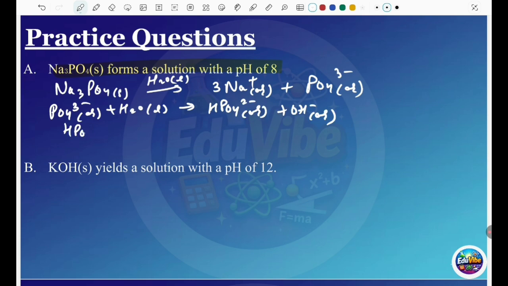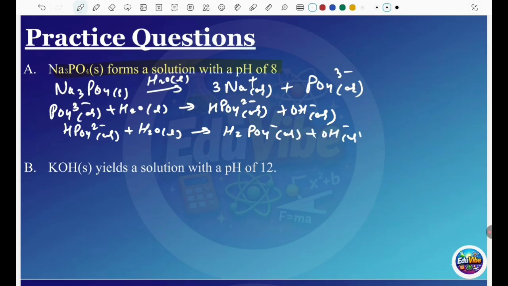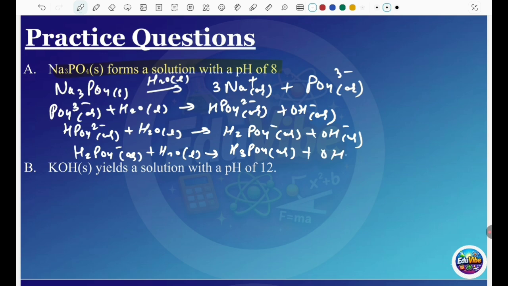Again, HPO4 2- aqueous plus water, you will get H2PO4- aqueous plus OH- aqueous. The last reaction, H2PO4- aqueous plus water liquid, you will get H3PO4 aqueous plus OH- aqueous.